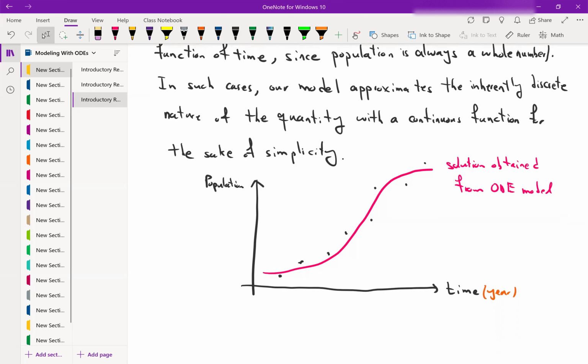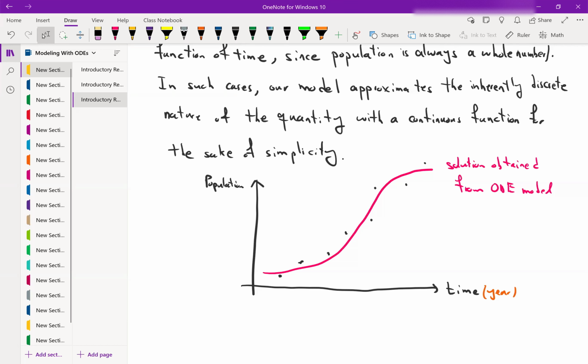So when you develop your differential equation model, you are making this approximation. You are approximating that quantity that in reality only can attain discrete values with a quantity that varies continuously. As a matter of fact, the unknown function to a differential equation at our level is always a differentiable function, because the derivative of the unknown appears in the differential equation. Not only is it a continuous curve, the solution is a differentiable curve, to say the least.